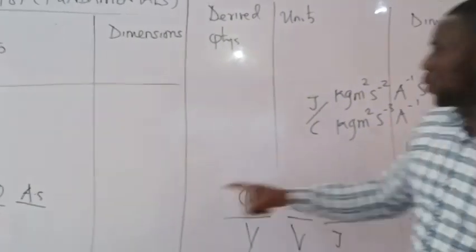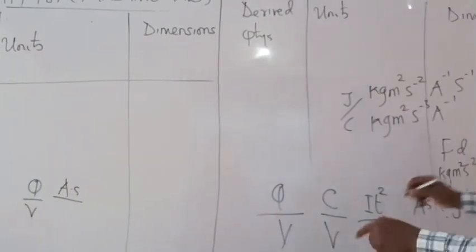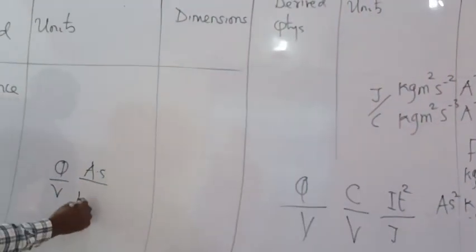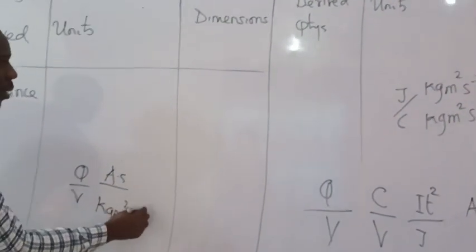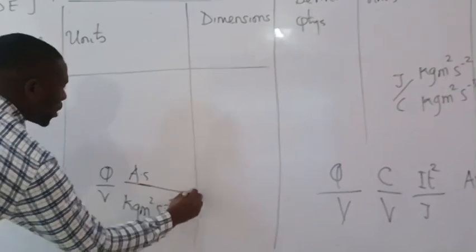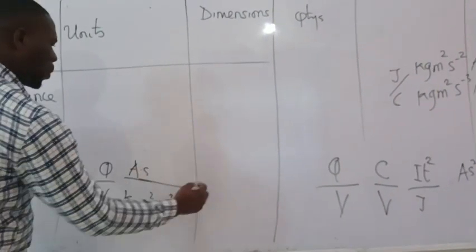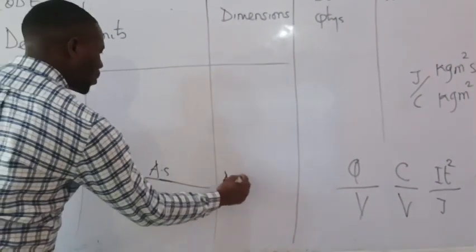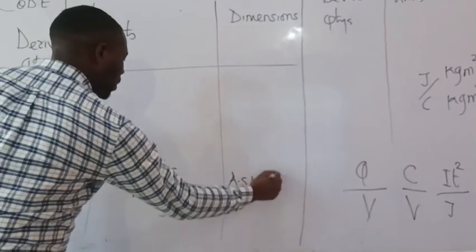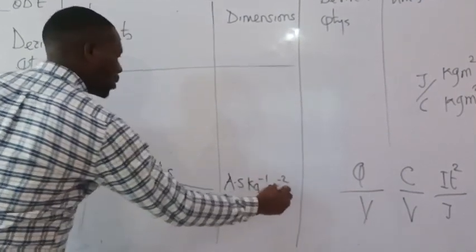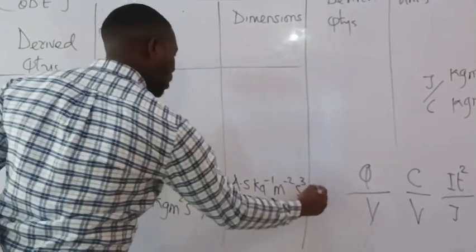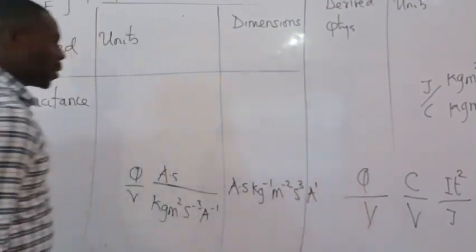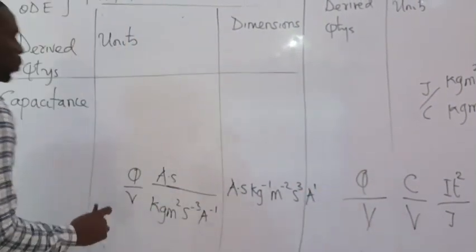That's for the volts. So I have to bring now, this time I have kilogram meter squared, this raised to power minus 1. And of course, to get the job done, everything downstairs I will invert it. So I have ampere second, I have per kilogram per squared meter, second raised to power 3, then of course I have just ampere raised to power 1. So I have ampere raised to power 2 here.